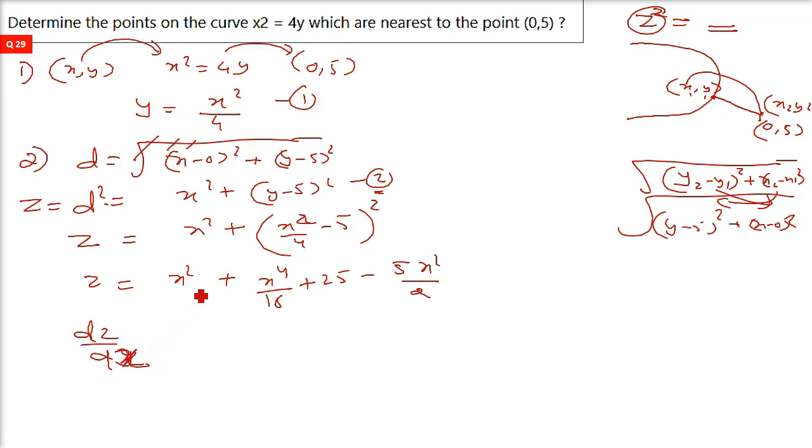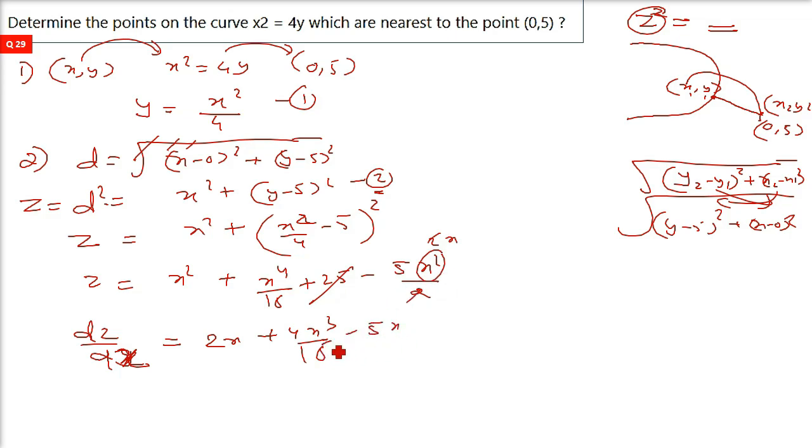Differentiation is quite clear to you, so you can just write the final result. I am doing it for you because this will not take much time, but sometimes the differentiation takes more than the question time, so that's why I generally give this task to you. I'm differentiating it now. x square will be 2x, x raised to 4 by 16 is 4x cube by 16, and 25 will be 0.